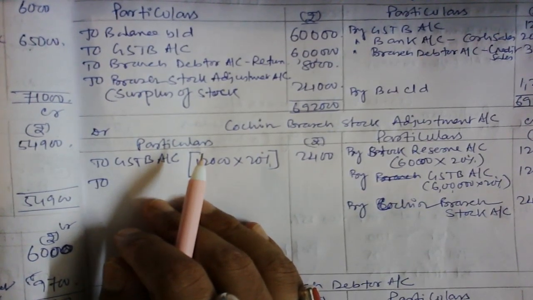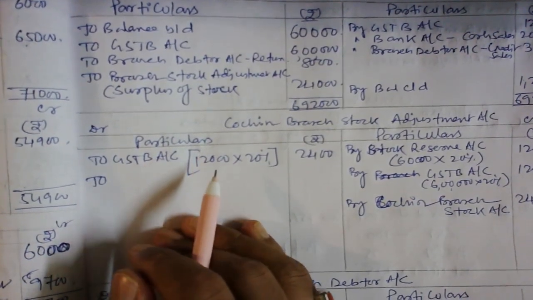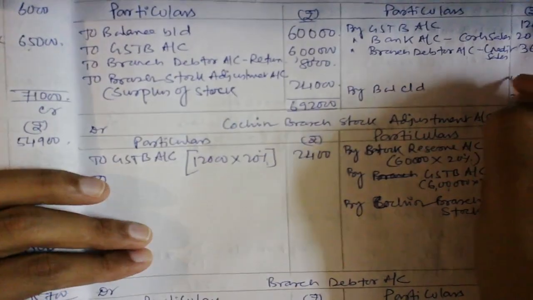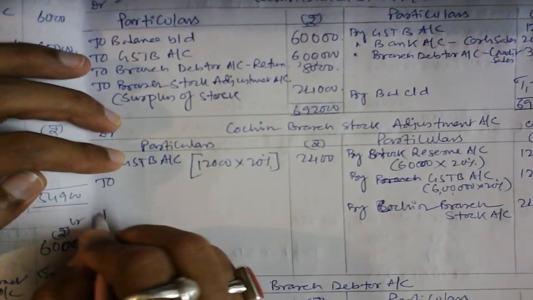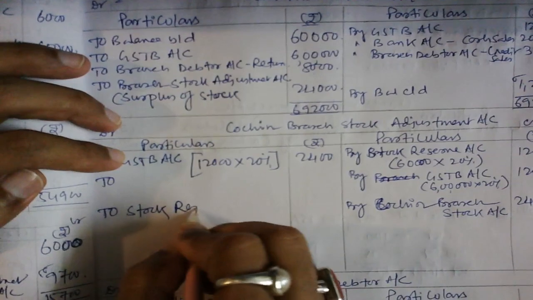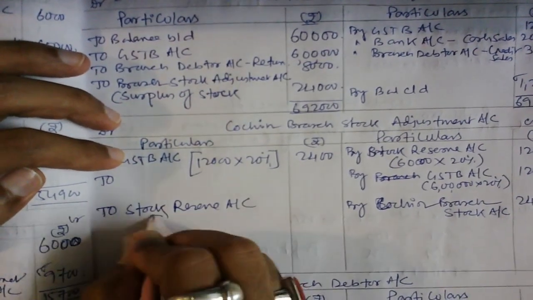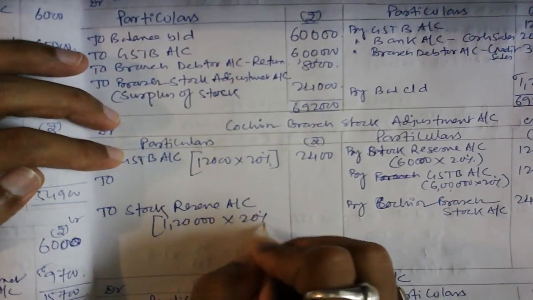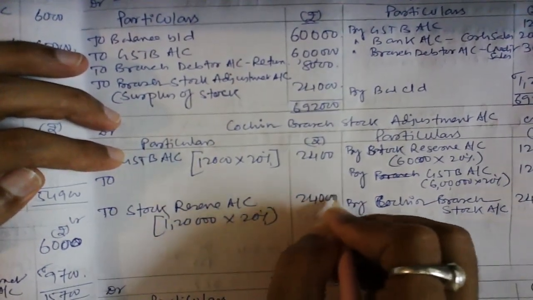Okay, that's what we have done. So 12,000 perfect. Other than this, we have the closing stock. So you can write here to stock reserve. 1 lakh 20 is the closing stock. 20% means 24,000. I think so.